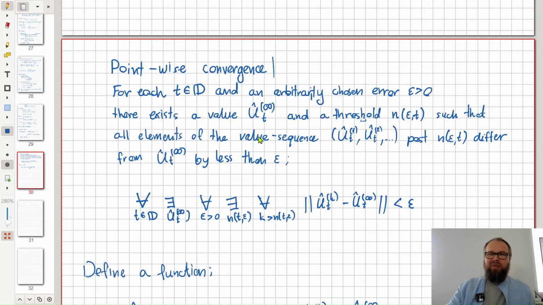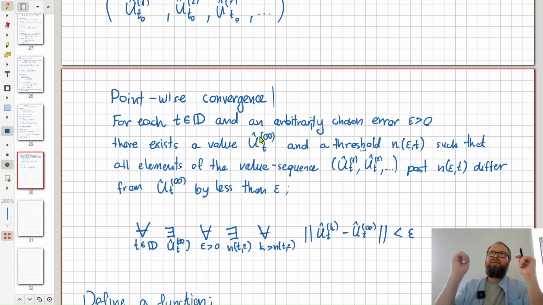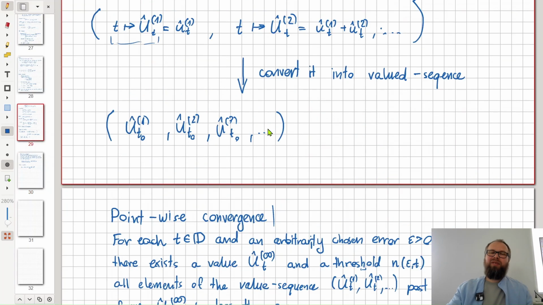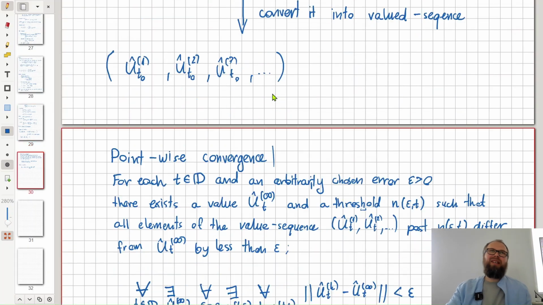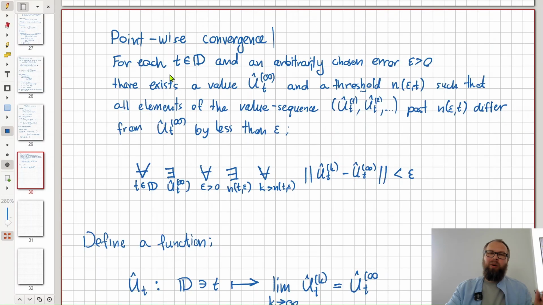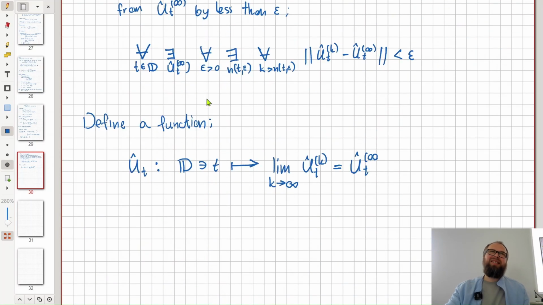So that would be the straightforward, the most simple way to deal with our initial problem of a sequence of functions, right? And because it is so straightforward, pointwise convergence is also limited in certain ways. I mean, it's simple, so it's not too powerful, okay? Because you want to have powerful ways to converge, because you want to be allowed to do a lot of manipulations on your sequence or on your series, right?